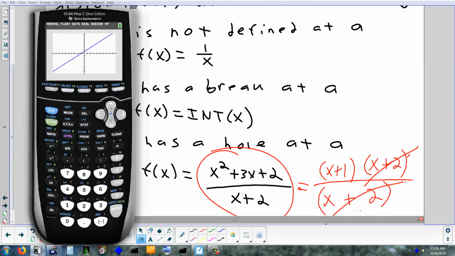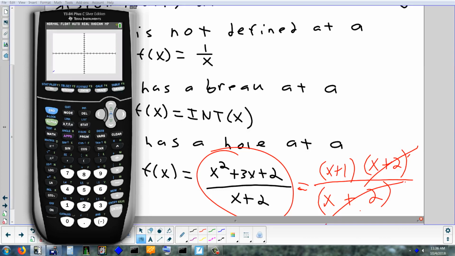Watch me, let me mess the top up a little bit. Let me just change it from a +2 to a +3. Now the top doesn't factor anymore. And watch what happens. Just changing one number, it's totally different looking. And I have detect asymptotes off, so it actually shouldn't look like that.